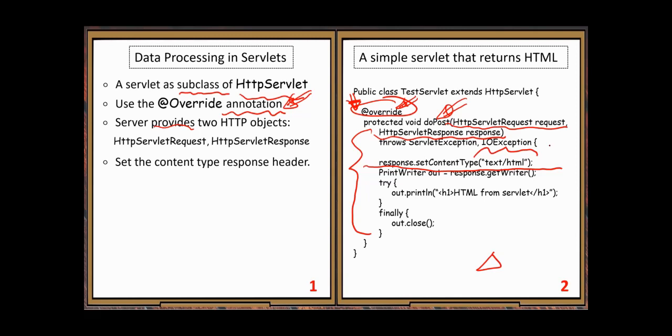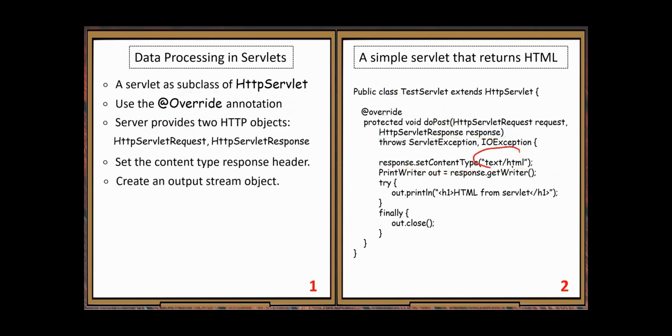It tells the web browser how to display the content. Here, after the browser sees this content type, text/html, the browser knows it can handle it, so the browser will present and return the data. All right.